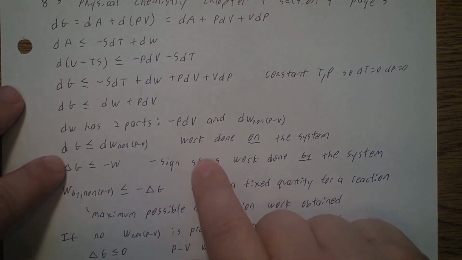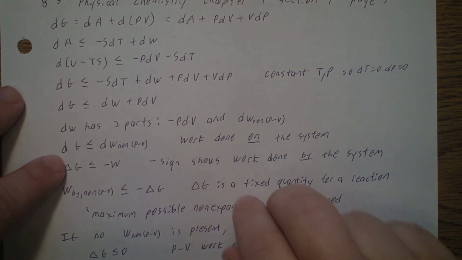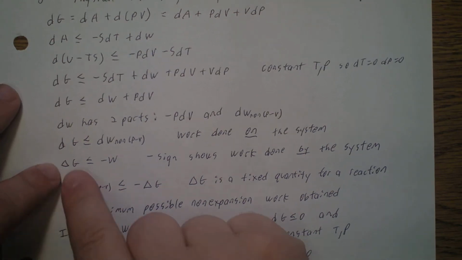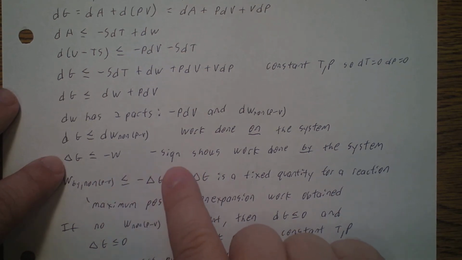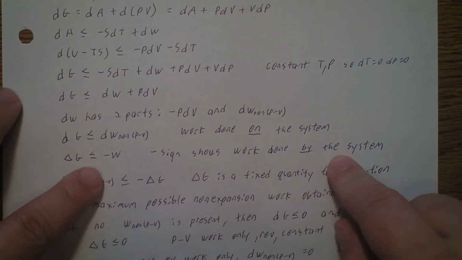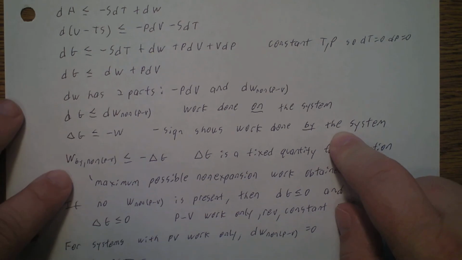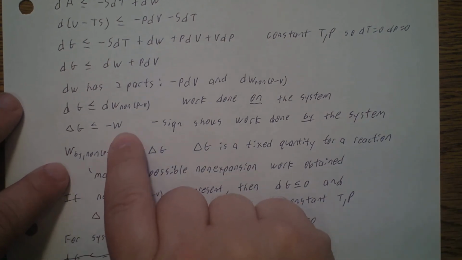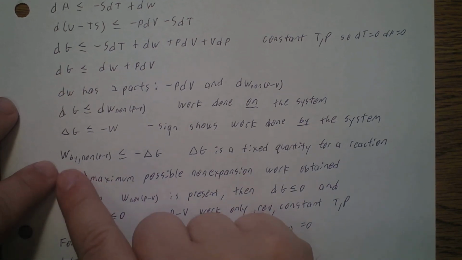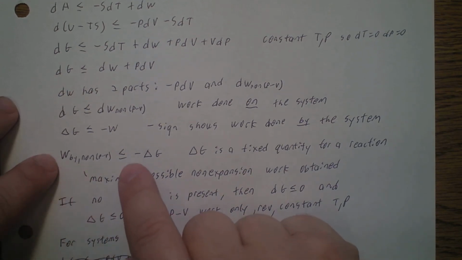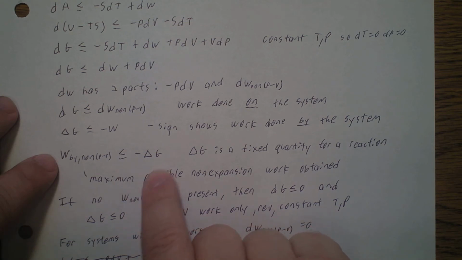Remember, by our nomenclature, this is work done on the system. So that gives us delta G is less than or equal to minus W. We're writing minus W just to emphasize now we're talking about work done by the system. In fact, we should probably put a subscript there for surroundings or something to make that clear. So we'll put by: work by the system, non-PV, is less than or equal to minus delta G.